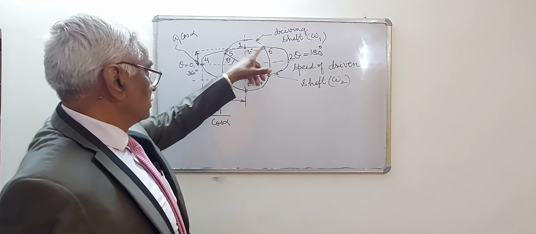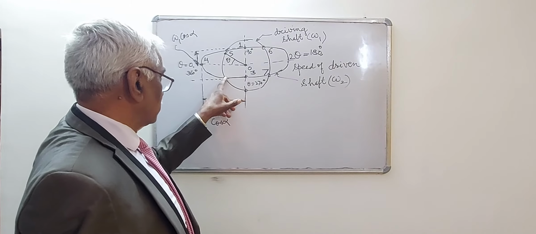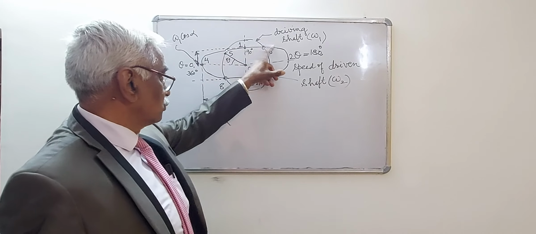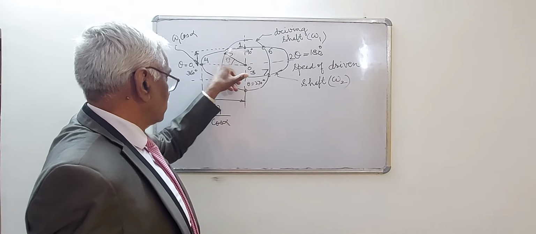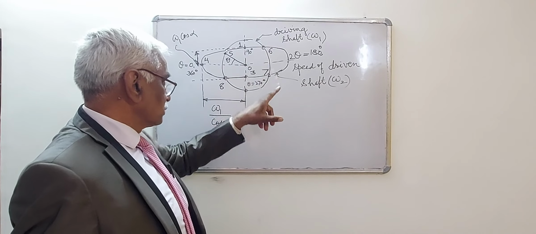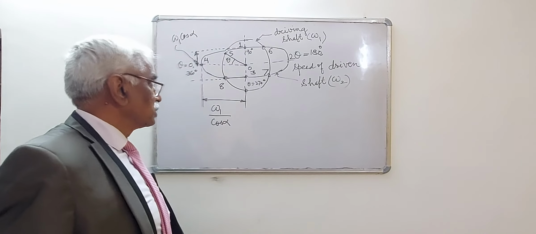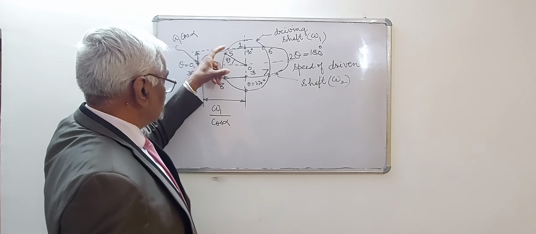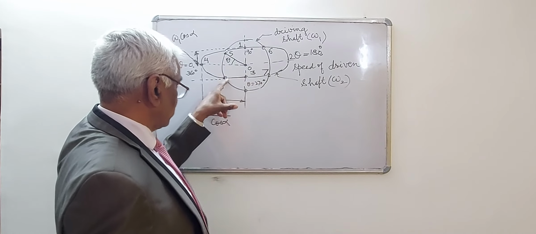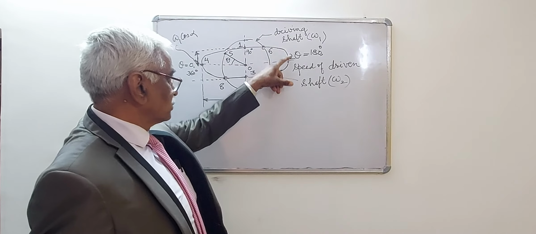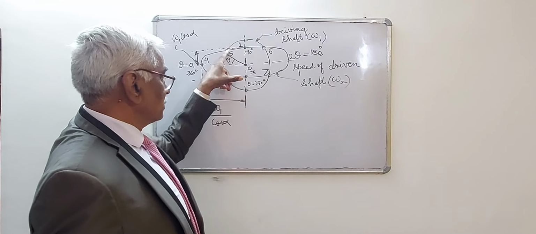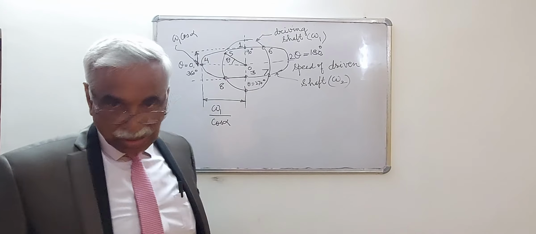At 4 points, point number 5, 6, 7 and 8, where these 2 figures intersect, the speed of the driving and driven shafts are equal. At these points, where this ellipse and the circle intersect, the speed of the driving shaft and that of the driven shaft are equal.